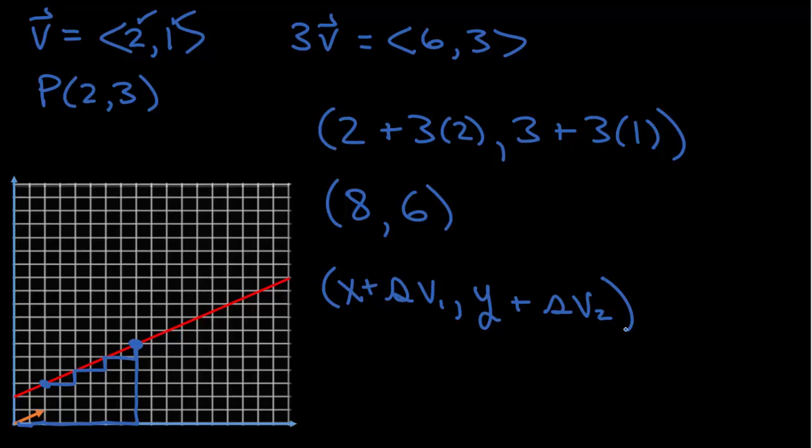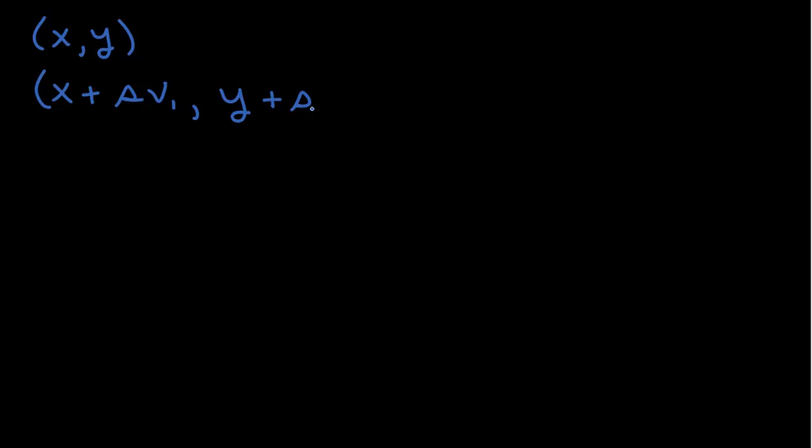Now, what I want to do is first of all look at the length. I want to look at the distance from the original point to our new point. I want to just see what that distance is. Okay?